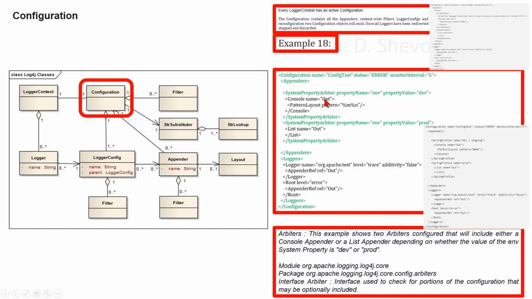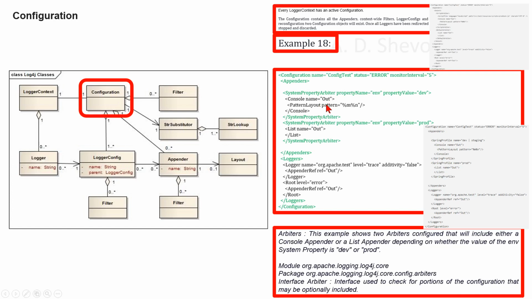The arbiter is a node itself, which is always removed from the node tree before the tree is processed. All an arbiter really does is provide a method that returns a Boolean result that determines whether the child node of the arbiter should remain in the configuration or be pruned.